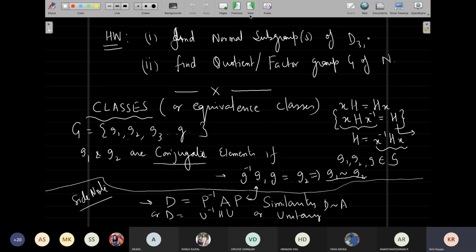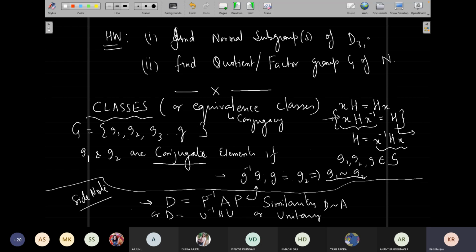Now, this is what we are doing, and I will continue with this. So, classes or equivalence classes, or I should even write down conjugacy classes. These classes are going to give you another way of defining a normal subgroup. First we define what is a conjugate element in a group.